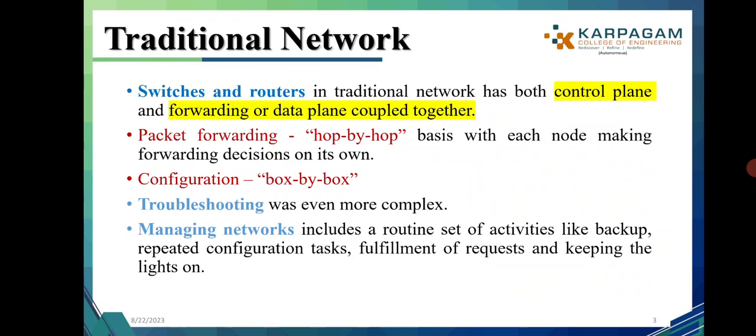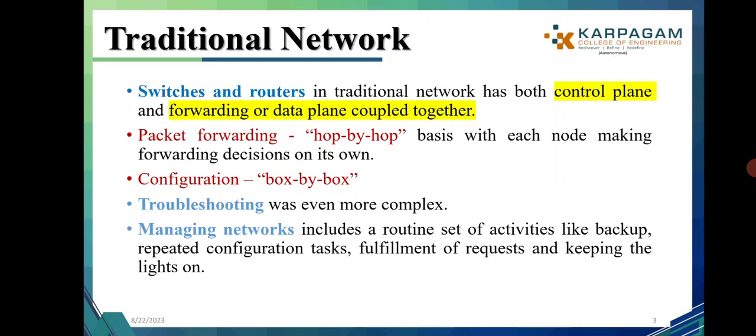So there is no automation at all. That is, if in a data center you have 100 devices, like switches or routers, and you follow the traditional network method, you have to connect to each and every device individually, then configure it manually, right? That is what the term box by box refers to.